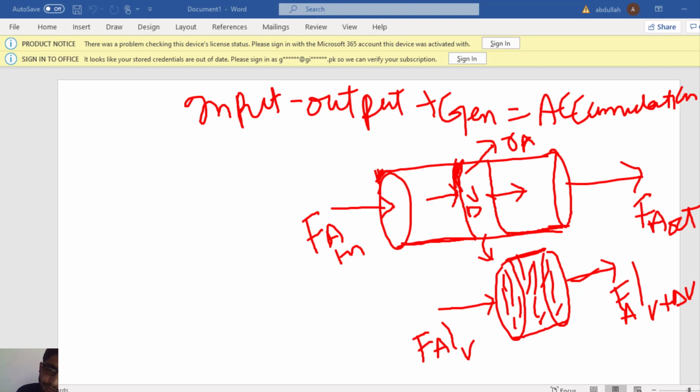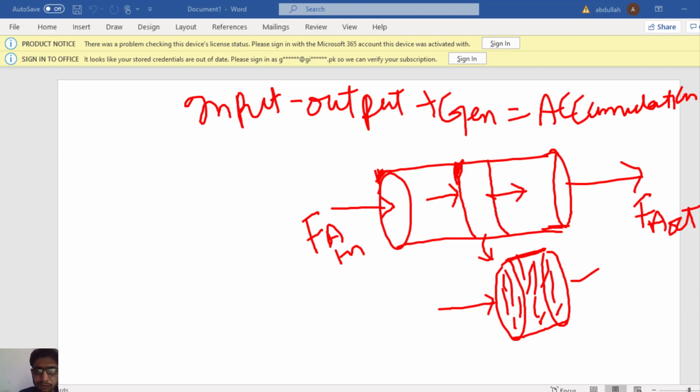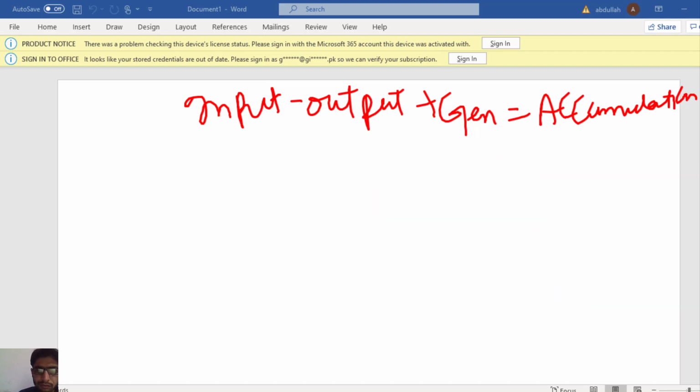So FA at the volume V and FA at the volume V plus delta V. Now from our general mole balance equation, this is the general chemical reaction engineering equation.